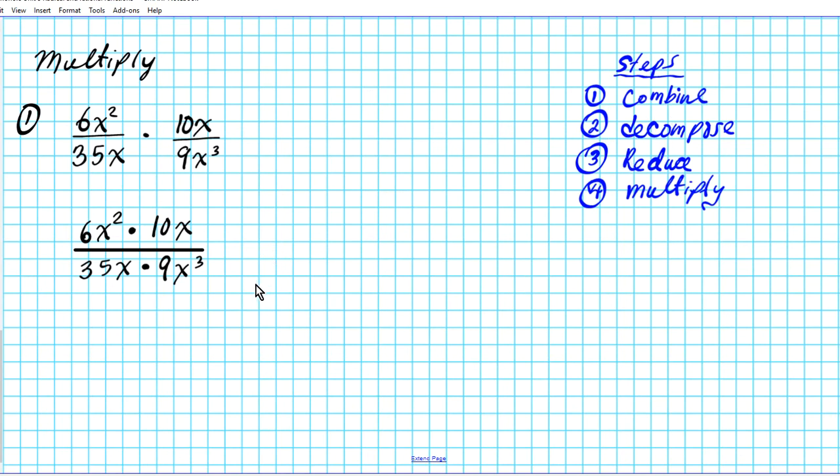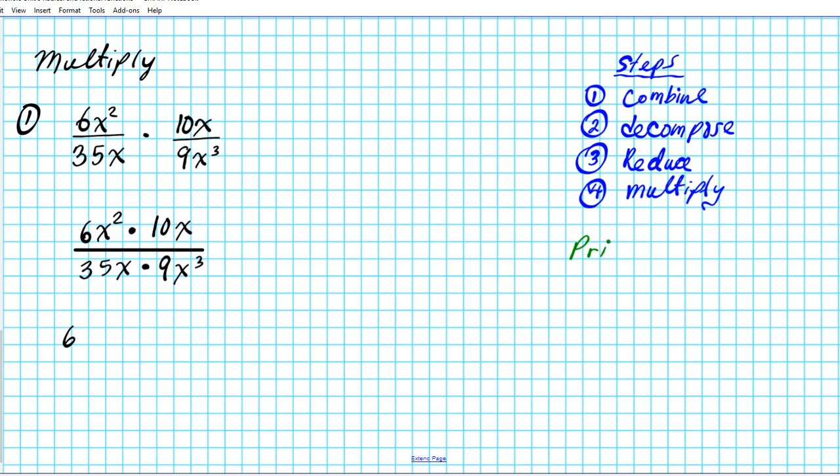Now we're going to proceed to decompose. Let's decompose composite terms. Let's start with 6. What is the prime factor decomposition of 6? You remember what your prime numbers are, right? Let's review that real quick.